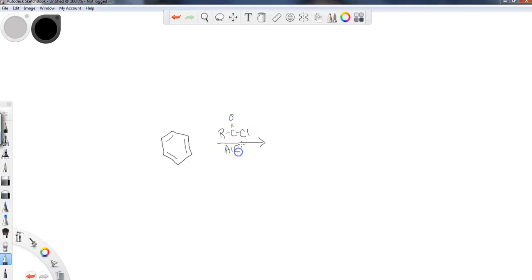Along with AlCl3, we need our Lewis acid catalyst. And then we will end up, getting a little sloppy with my benzene ring here, with C double bond O R. And you can probably guess how this reaction is going to occur here.